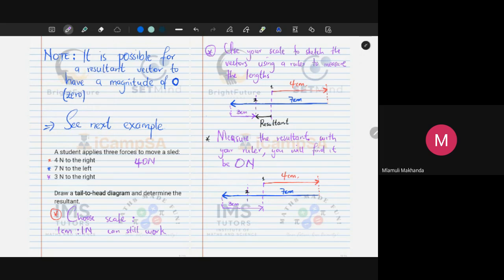So you were supposed to get something like that. And it actually makes sense because if this guy is 4 centimeters and this is 7 centimeters, and 4 minus 7 is 3. So if 3 is going the other way, you would definitely have a 0. So we will prove it again using the algebraic method, right? So this is what you would have. Like this.